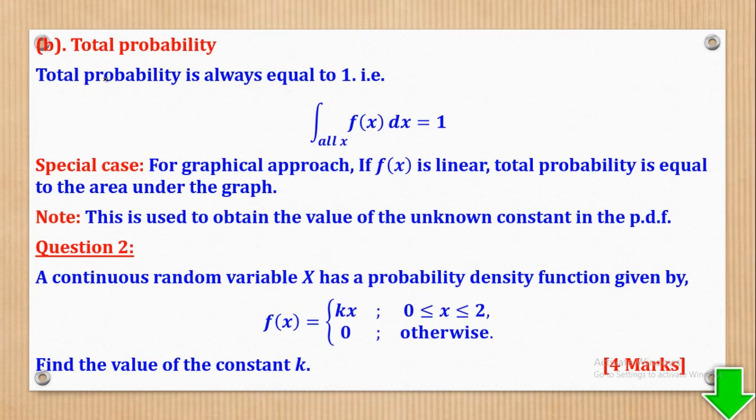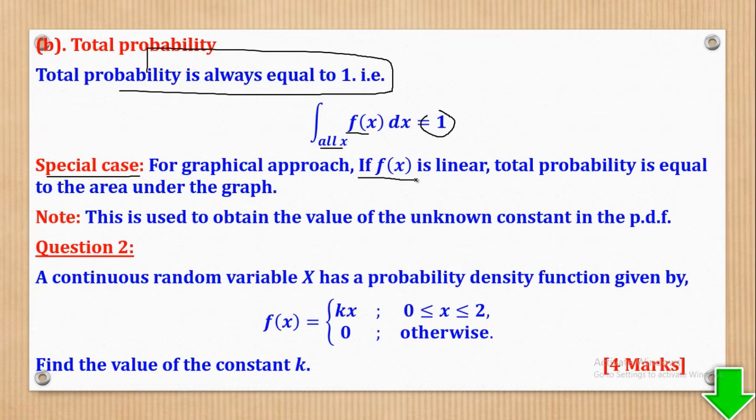So what do we need to know in this part? We need to know that total probability must always be equal to 1. So always remember that. That means that the integral of f(x) for all values of x will be equal to 1. The special case is that for the graphical approach, f(x) can sometimes be linear or non-linear.